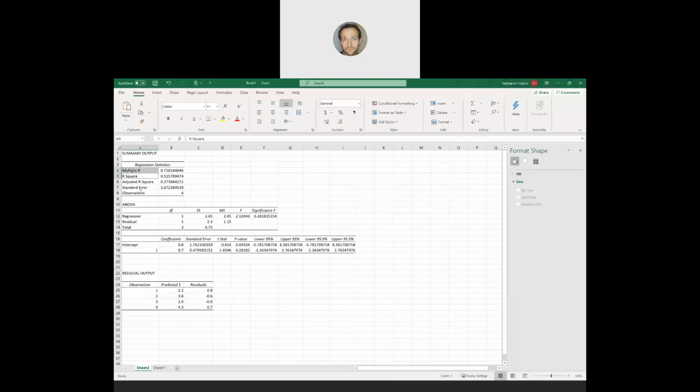R squared, observations, the regression, the residual, this df, sum of squares, these coefficients. Here's the p-value. And these things.